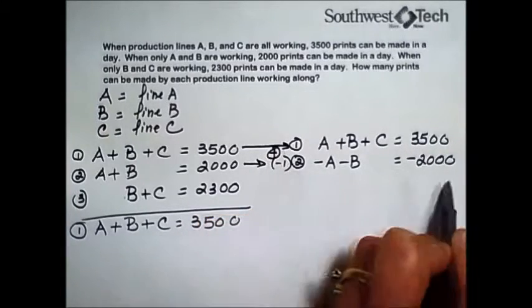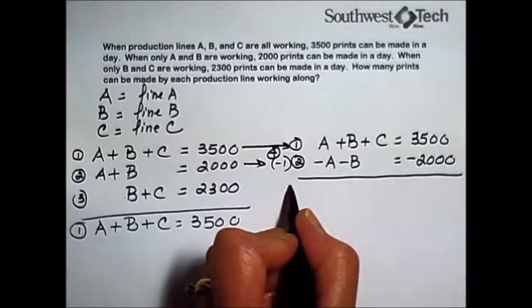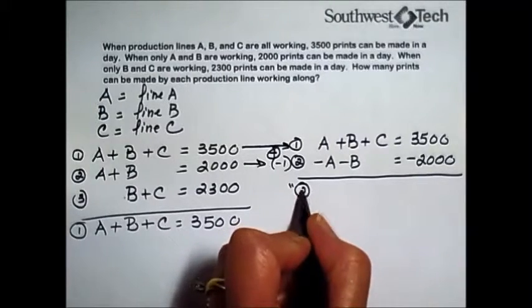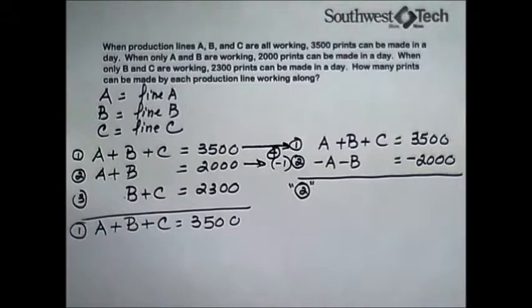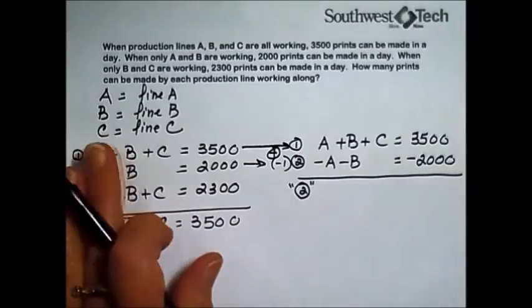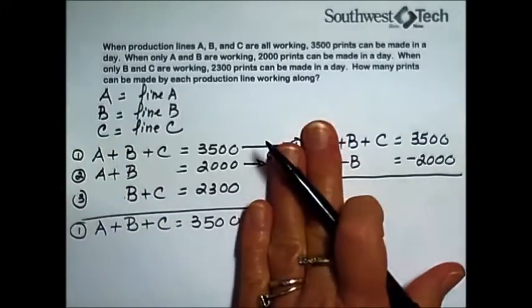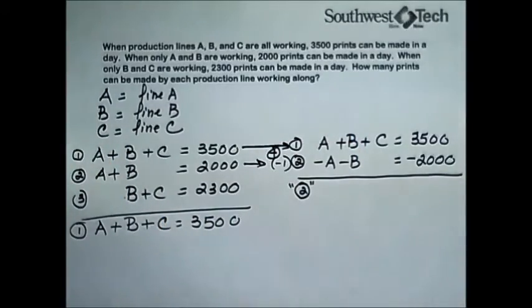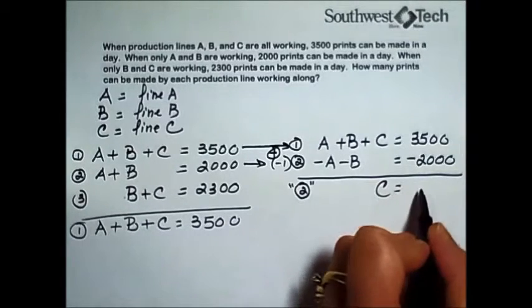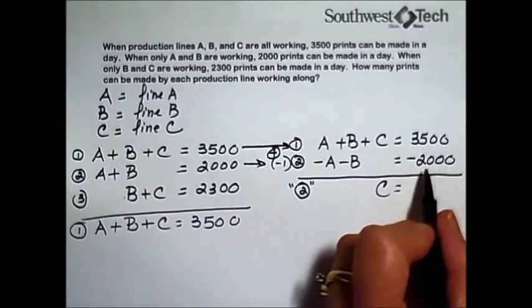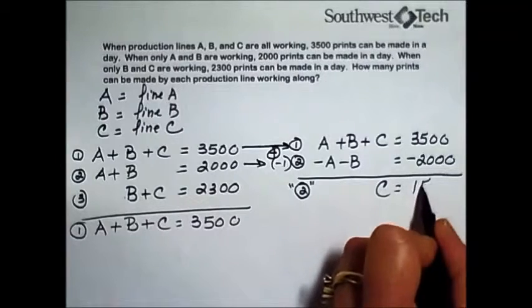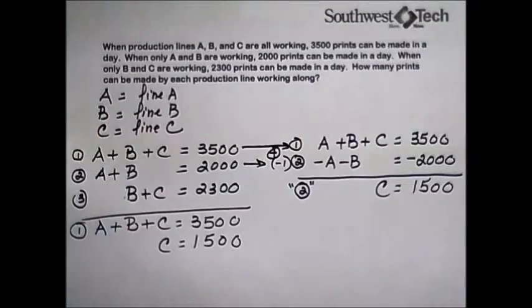We'll add these two together to give us our new equation number 2. Well, the goal was to get rid of the A. We not only got rid of the A, but we also got rid of the B, leaving C equal to 3,500 minus 2,000, which is 1,500.